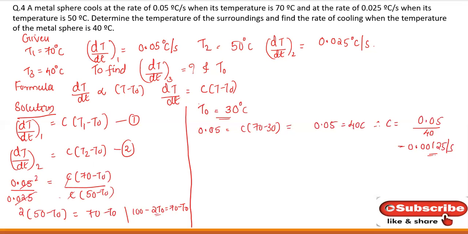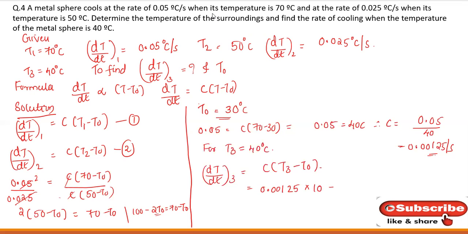Now we have to find out the rate of cooling when the temperature is 40 degrees Celsius. For temperature T3 equal to 40 degrees Celsius, dT upon dt at temperature T3 is C into T3 minus T0. That is 0.00125 into 40 minus 30, which is 10.